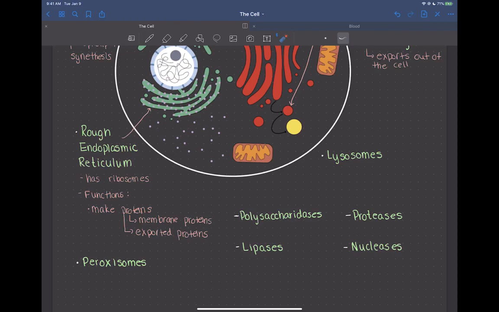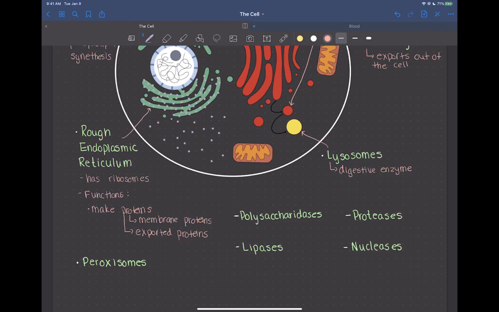Our lysosomes, which I've drawn here in yellow, are membrane-bound, membranous organelles with a lot of digestive enzymes inside. There are many different enzymes that can digest many different things.